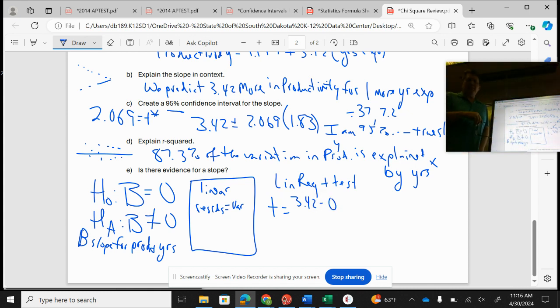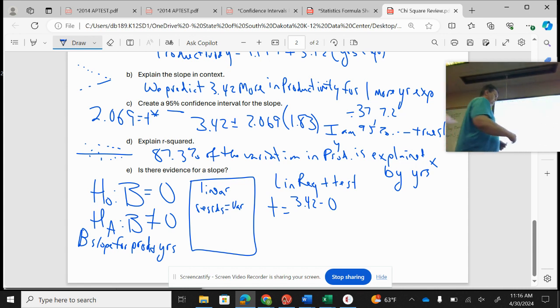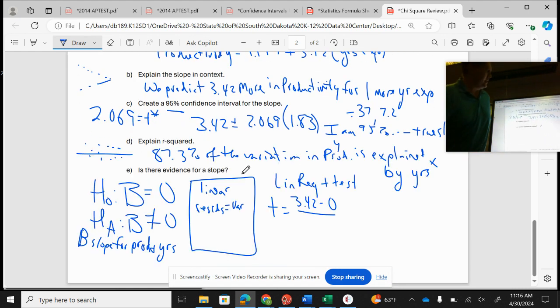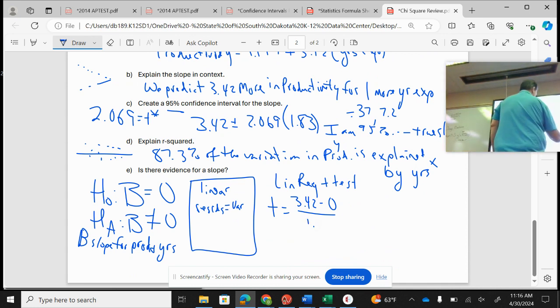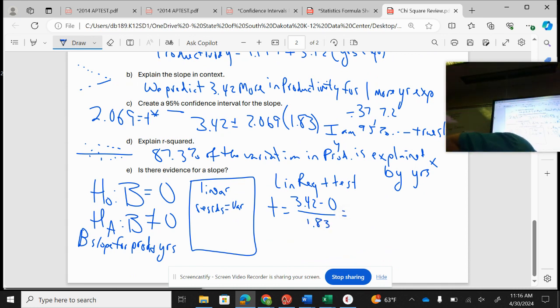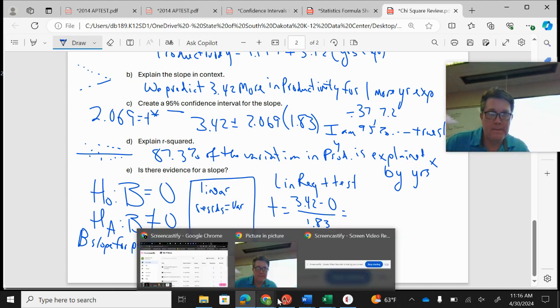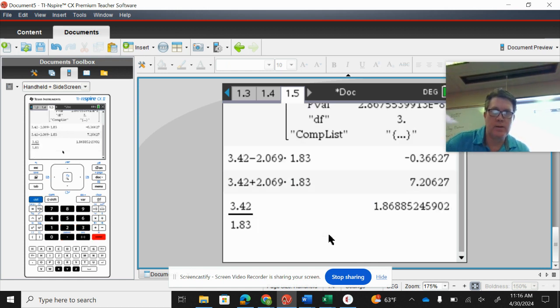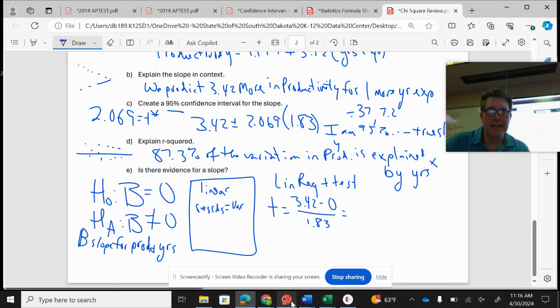Whatever that null is, since we're saying, is there a slope? 0 is no slope. And then we would divide by 1.83. Our t-score is going to be relatively small, and we get 1.86.